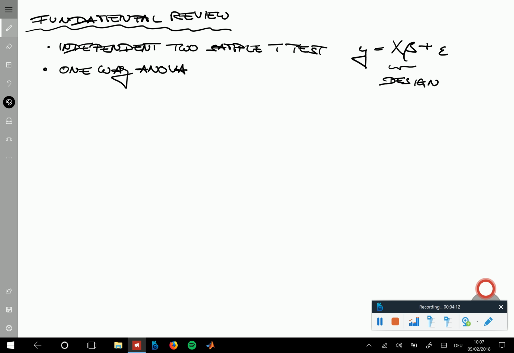So the fundamental situations in which you apply independent two-sample t-tests and one-way ANOVAs are the following. You have groups of experimental units, at least two groups. So you have something like group 1 and group 2.